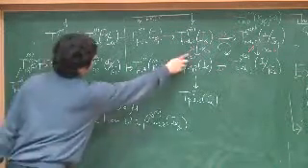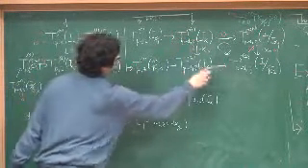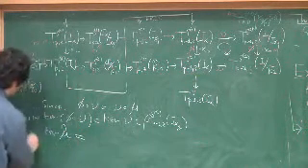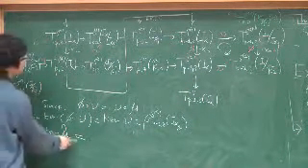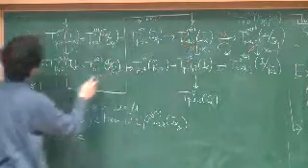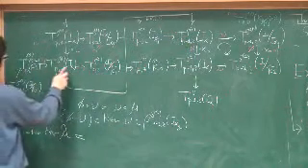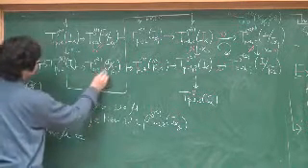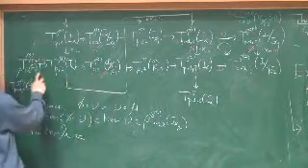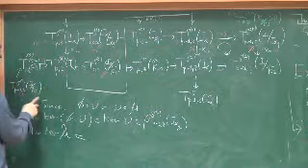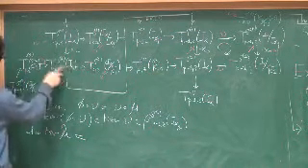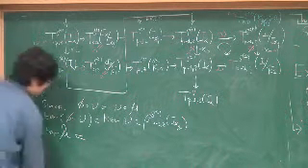The cokernel of mu can be calculated, so this one is also 0, and it can be calculated as the dimension of this one minus this one.